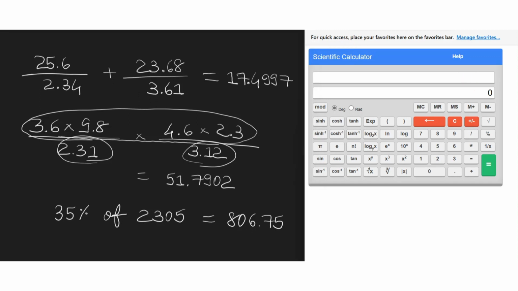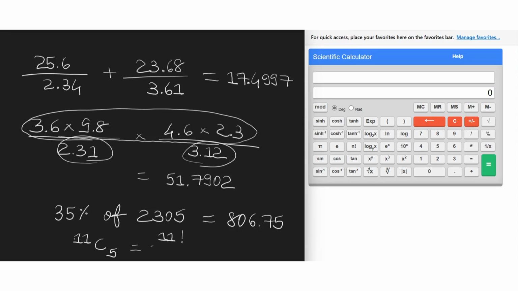Then suppose in some probability question you need to find the combination. So for that, let me just take an example. I need to find 11C5. Here directly you don't have that, so we'll need to simplify it in factorial, like 11C5.